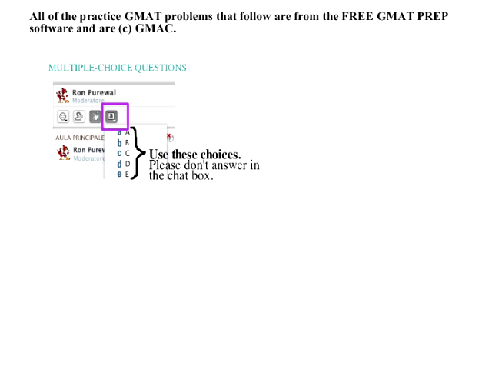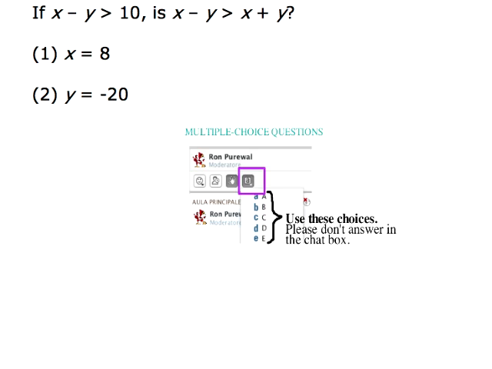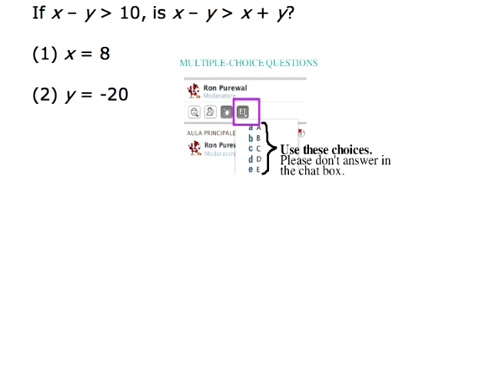So here is a problem. Again, remember where you get multiple choice responses. They're underneath your name in the little pull-down menu that is under the lowercase letter a. This is a data sufficiency problem, by the way.